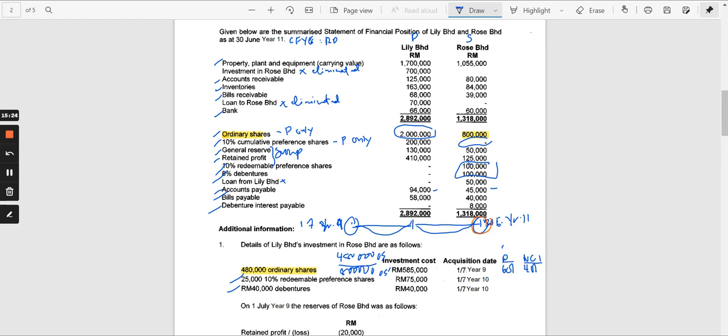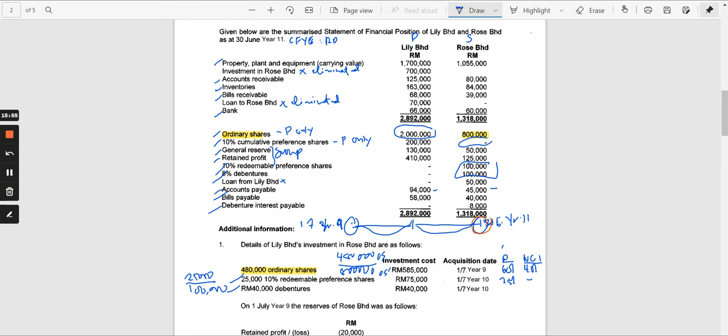Now for the preference shares, it will be 25,000 divided by the number. So the number here is 100,000, the amount is 100,000, so the units of shares are also 100. So that will give you 25%.